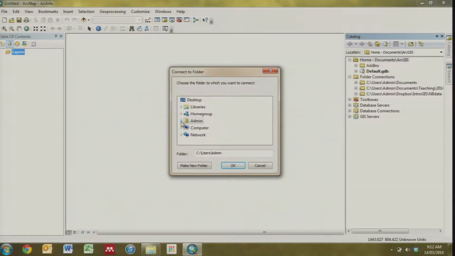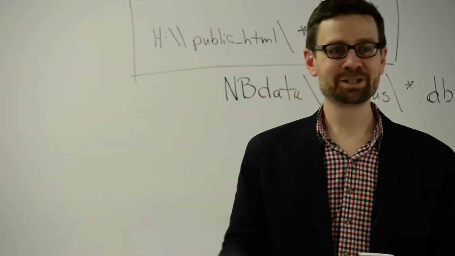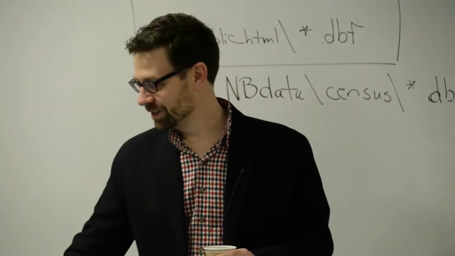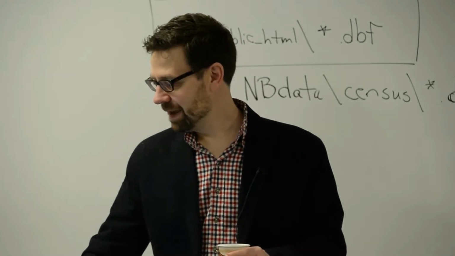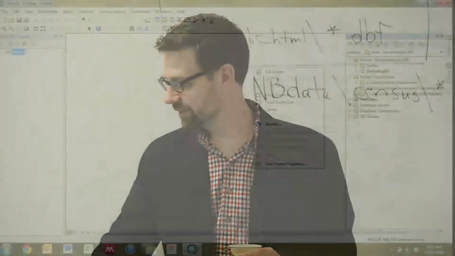Everyone's is in different spots, so I'm not going to tell you where it is. Most people, it's on the desktop. Some people, it's on their USB key. Some people, it's on the H drive. Some people, it's somewhere else in the C drive. So do that and make a folder connection to that.